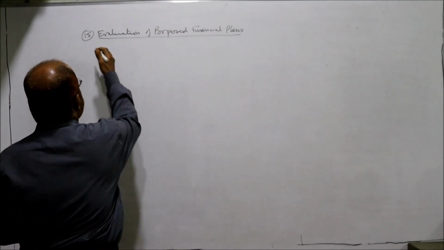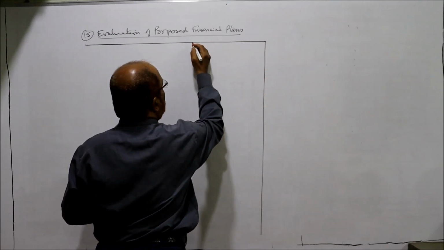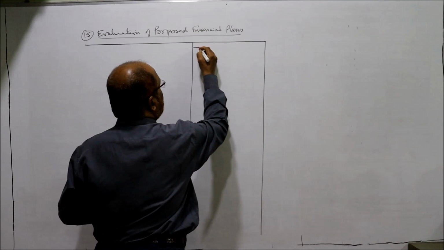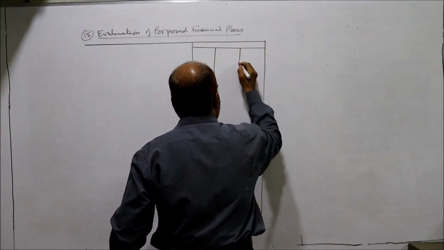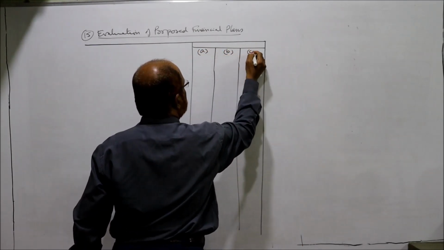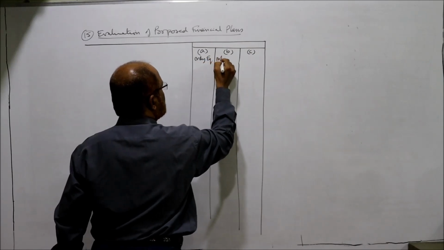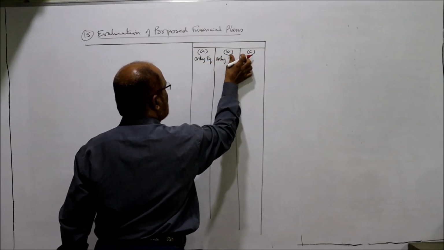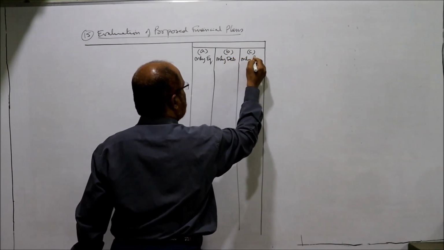Now, 3 plans are given: A, B, C. Here it is only equity. Here it is only debentures. Here it is only preference.